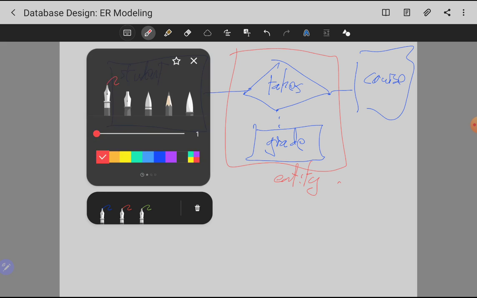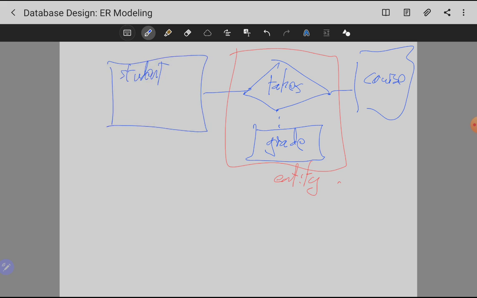The preferred solution almost always will be to say student is registered for a course.